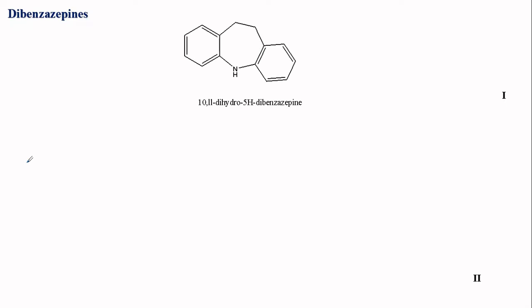and so on. Now the main precursor, or the main reactant, for the synthesis of dibenzazepine, specifically carbamazepine, is 10,11 dihydro 5H dibenzazepine.